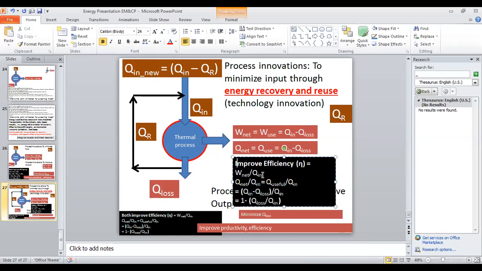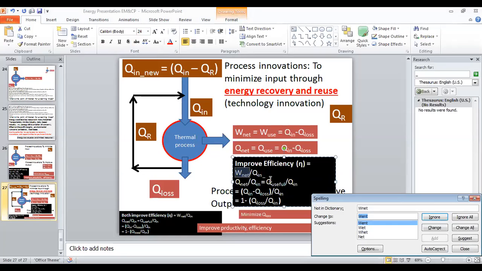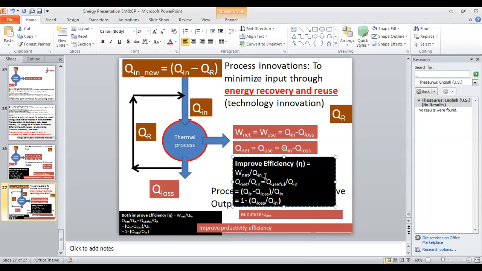Now Q in new is a smaller value, Q net. The example here: 1 minus Q loss divided by Q in new.